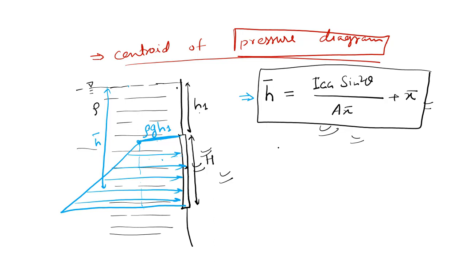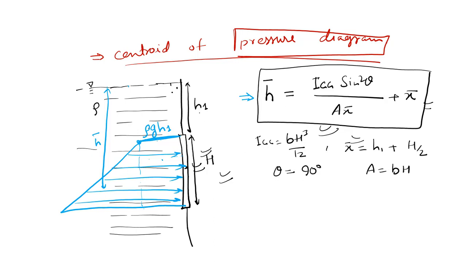So let the width be B. What will be Igg for this? BH cube upon 12. What is x bar? H1 plus H by 2. What is the area? B into H, and theta equals 90 degrees from the free surface.